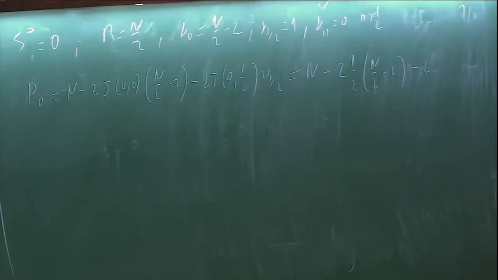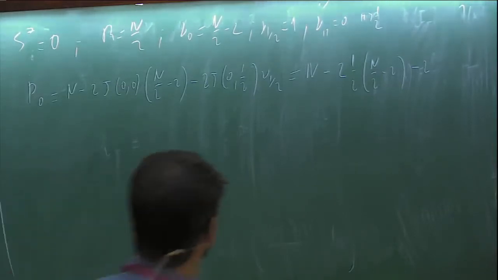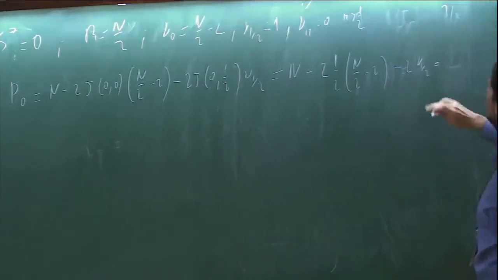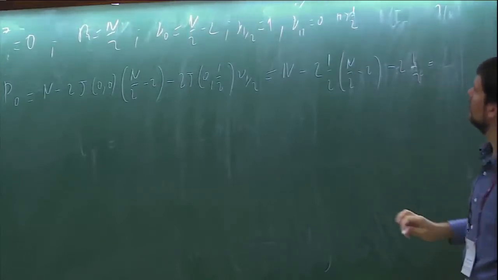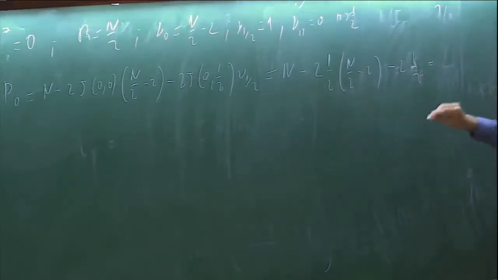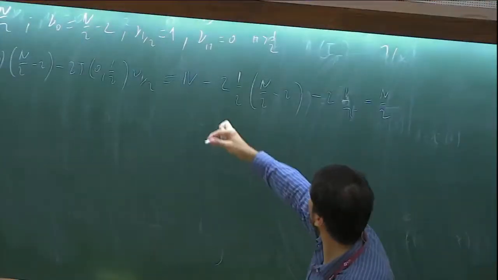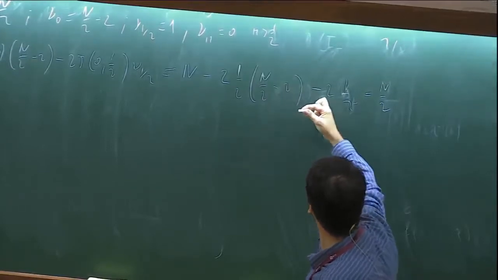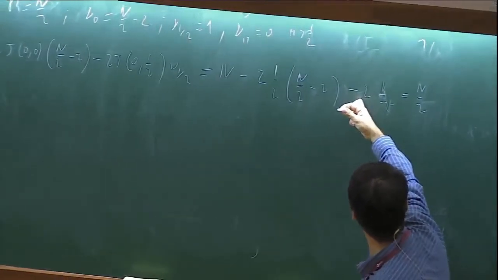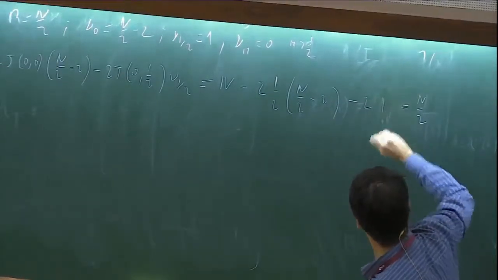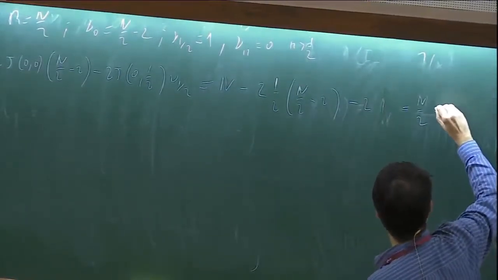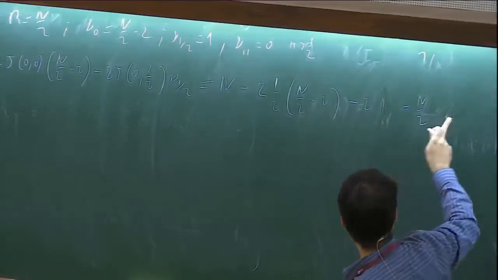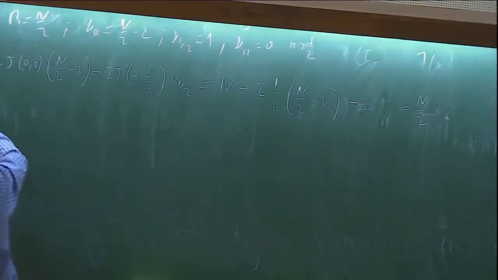There is a plus 1 missing. Nu 1/2, which is also 1/2. So you have n minus n/2, which is n/2, minus, plus 4 minus 2, which gives minus 2 plus 2, which gives 0.